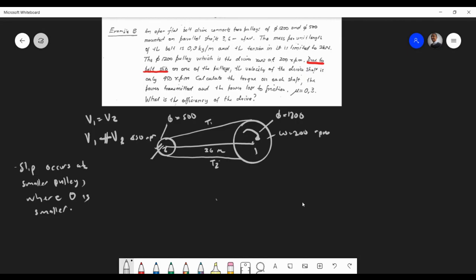Now that you're more mature, why does it slip at the smallest angle of lap? You can give me an idea. Less contact area and less friction.